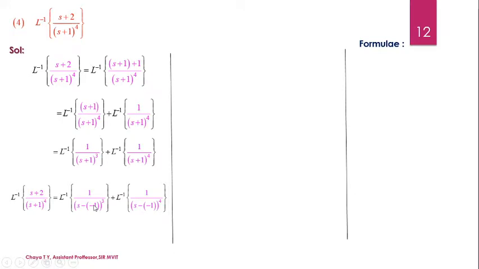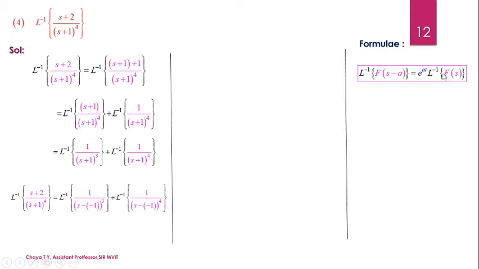So what is the property we have when we have to find Laplace inverse of function of s minus a? We call that the second shifting property, and the expression for the second shifting property is given by e power of at into Laplace inverse of f of s.